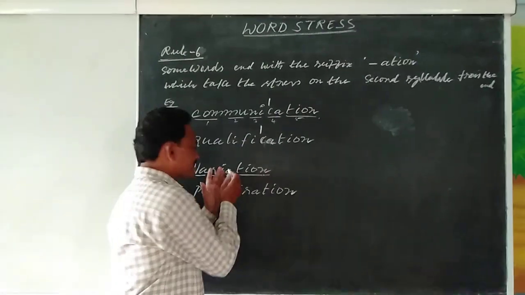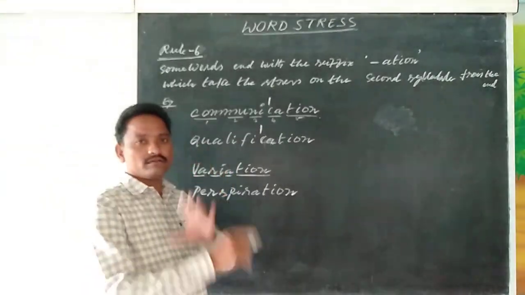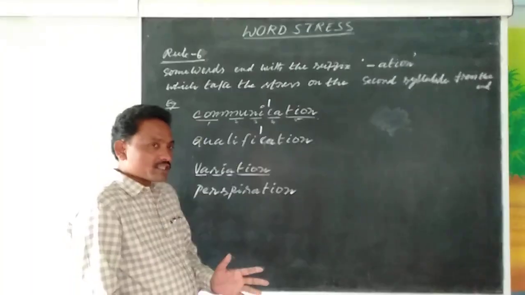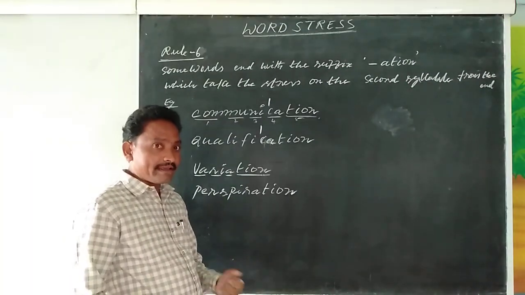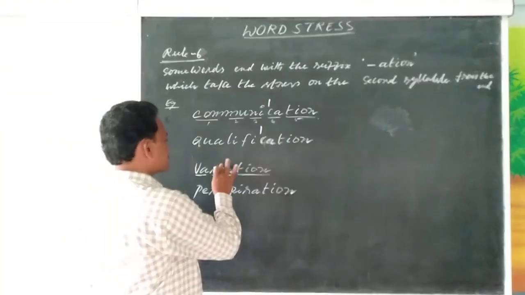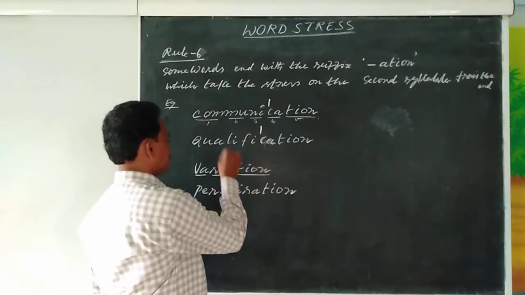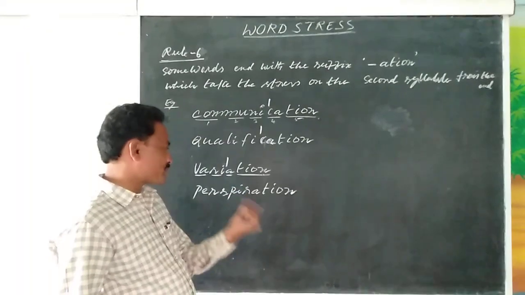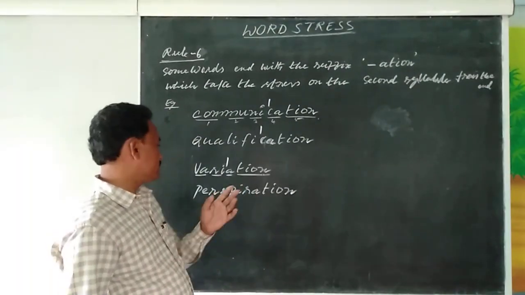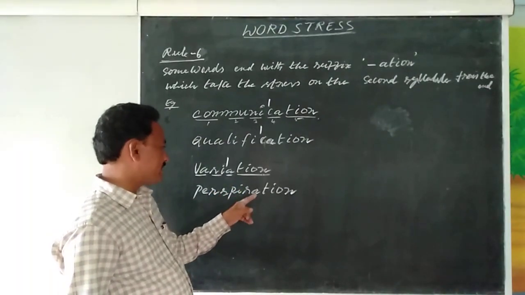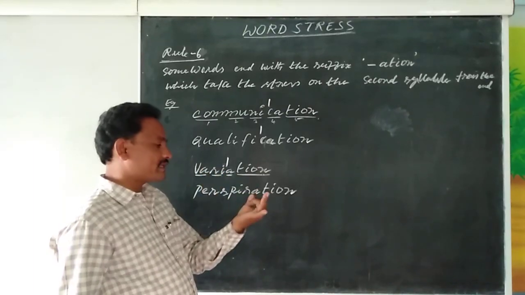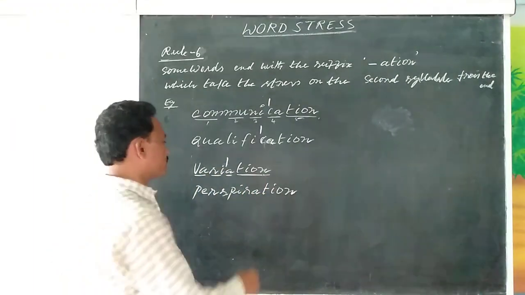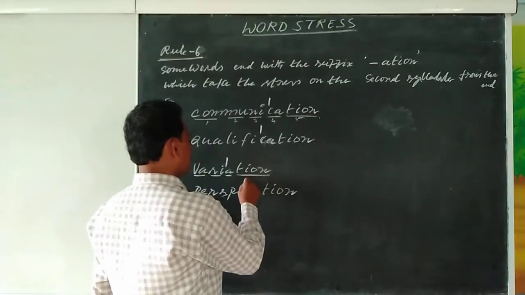A itself is 1 syllable. Variation. So that is why stress is on A. Perspiration. Here also 4. Second from the end.